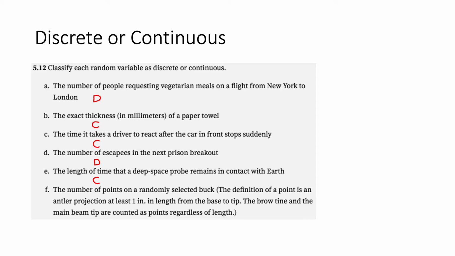Now, I don't really know more than the average person about buck antlers, but it seems like we're counting the number of points, and so this is going to be discrete. They're trying to mislead you here with this 1 inch, making you think that you're measuring something, and in general, stats questions are intentionally trying to mislead you, so be very careful. Read very closely. A lot of these questions really are more reading comprehension than they are any sort of actual math.